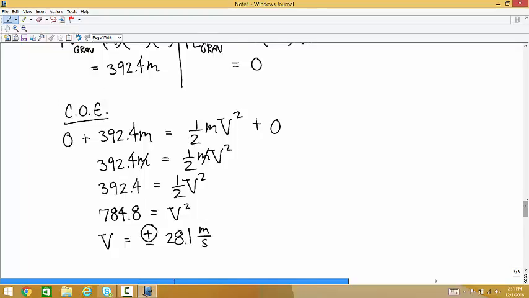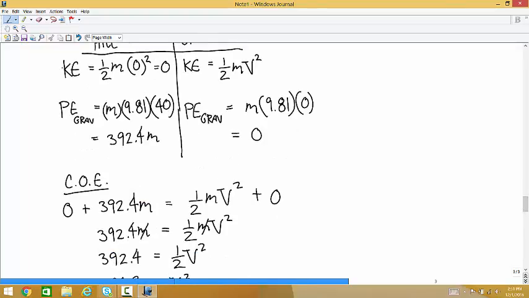Okay, so kinetic energy is always equal to 1/2 times the mass times the speed squared. And gravitational potential energy is always equal to mgh. And so all I did was plug in the information that we know at the different instants to those expressions.